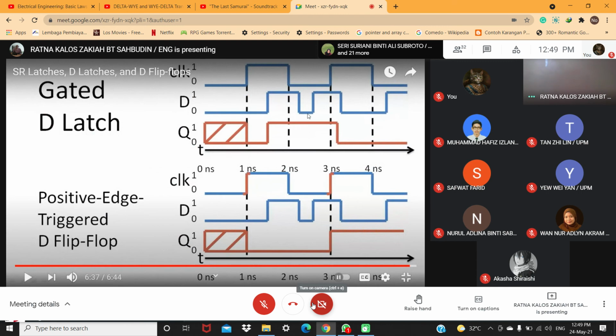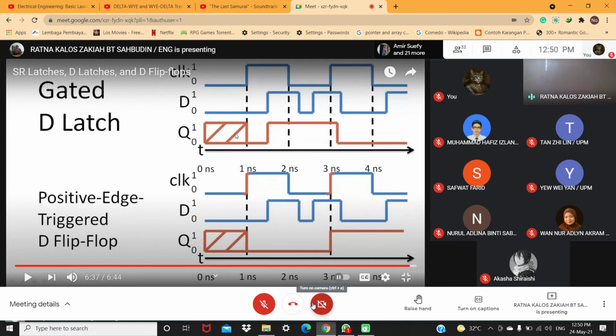Data goes in, and then look at the Q. For example, here you start with no input yet, so we cannot determine what the output is, that's why you have a dash here.